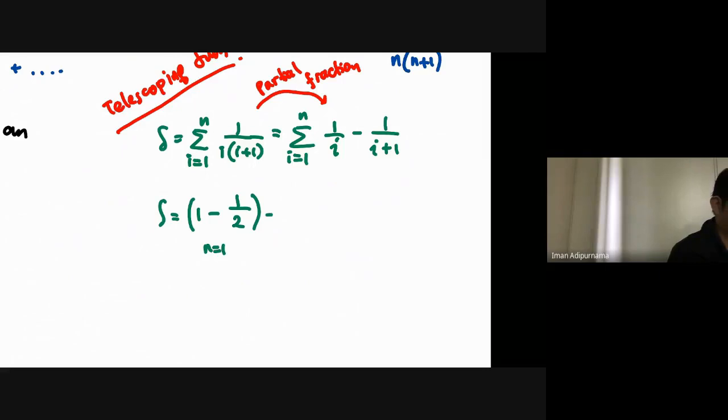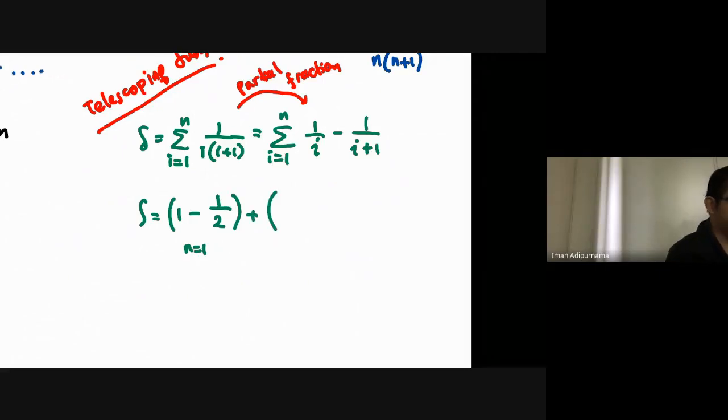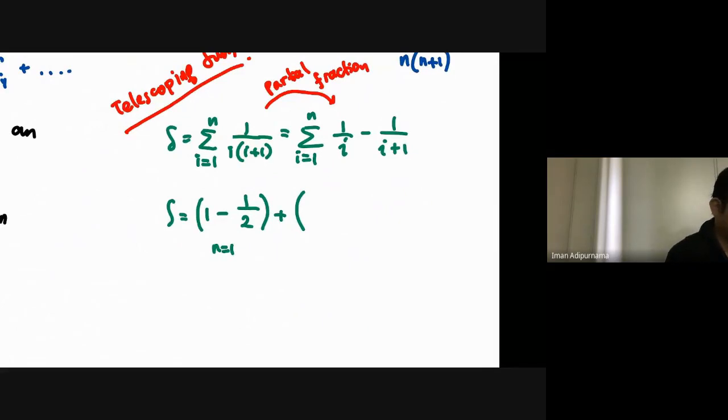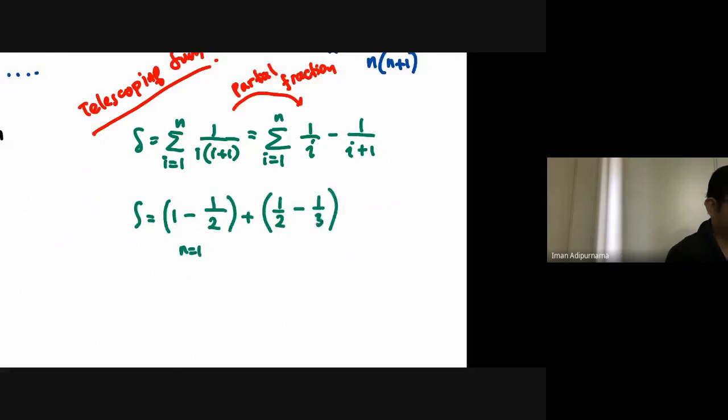This is for n equal 1, and then plus 1 over 2 minus 1 over 3.